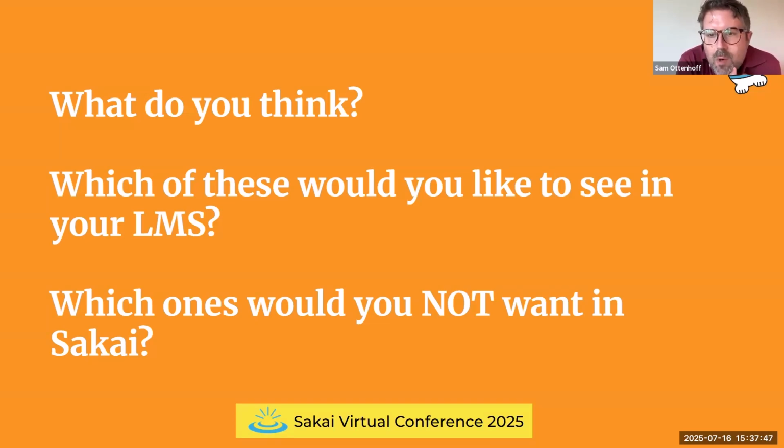And then one more response: AI assistance to resolve accessibility issues. I think that's a great one. AI does a very good job of it now. If you have some messy HTML and you run it through a good LLM and ask it to correct it and use accessibility best practices, it does a great job.